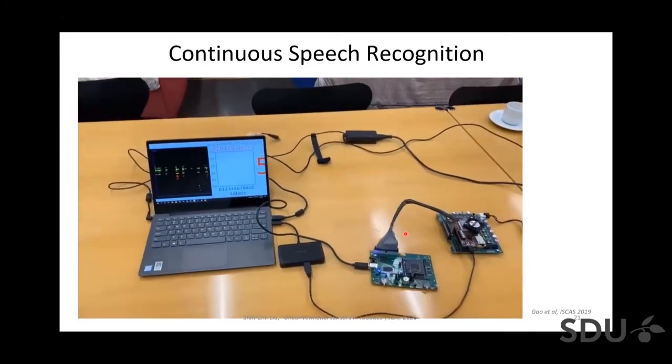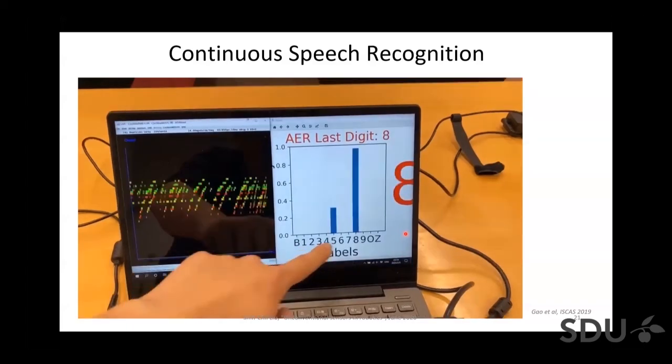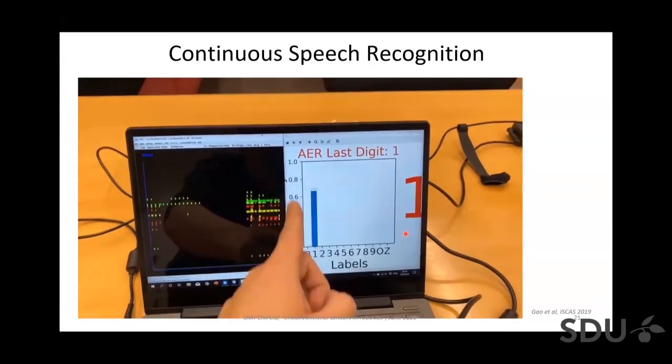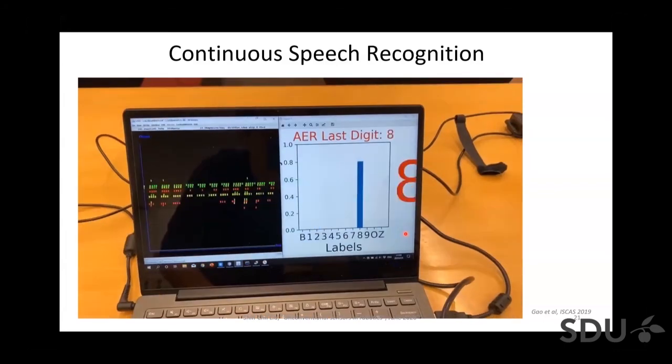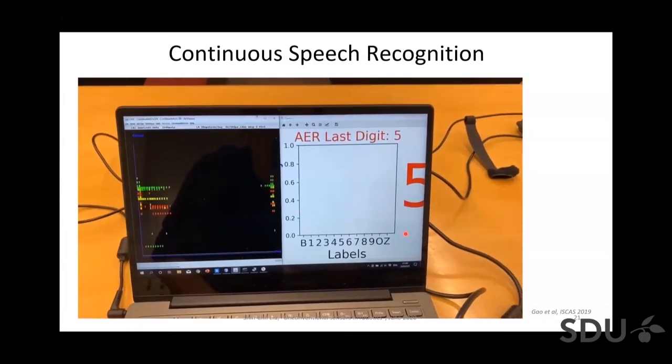And the recognized digits will show on this plot. We have a total of 12 labels, and the vertical axis shows the probability of the recognized digits.